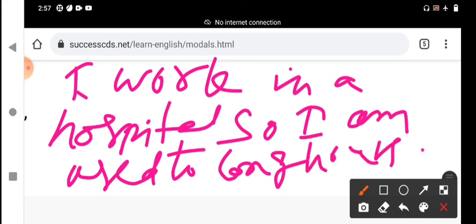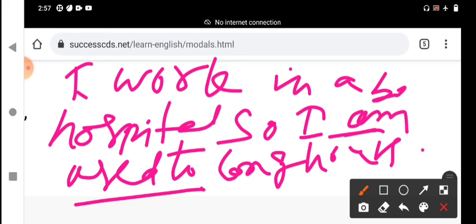It is present tense, indicated by am. Am is a be form verb plus used to. What is the meaning of the sentence? I am accustomed to, I am familiar with long hours, which means I have worked in the hospital for many hours. That is the meaning of that sentence.